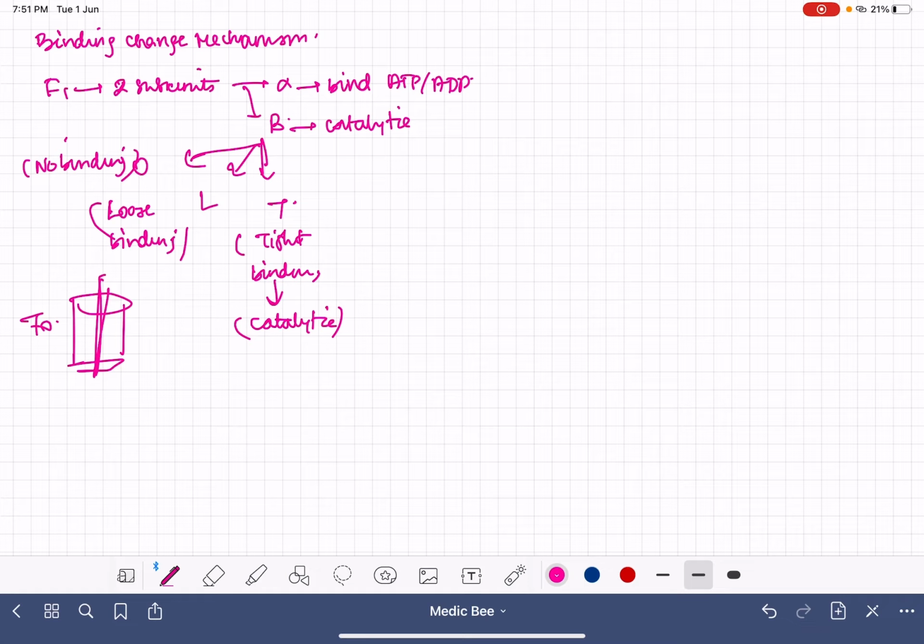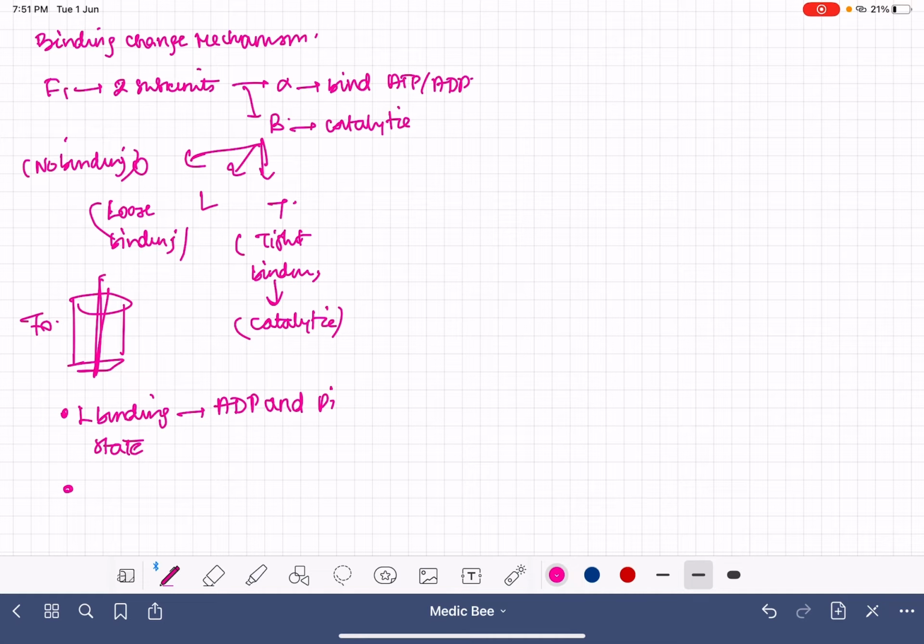Take ATP synthase and imagine it in the L binding state first. In the L state, ADP as well as Pi will bind, so at this point there is just a loose binding between ADP and inorganic phosphate.